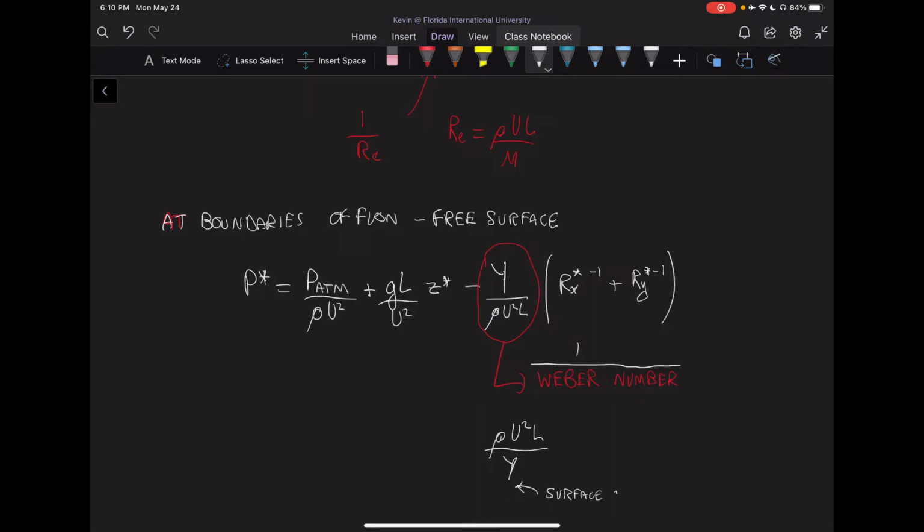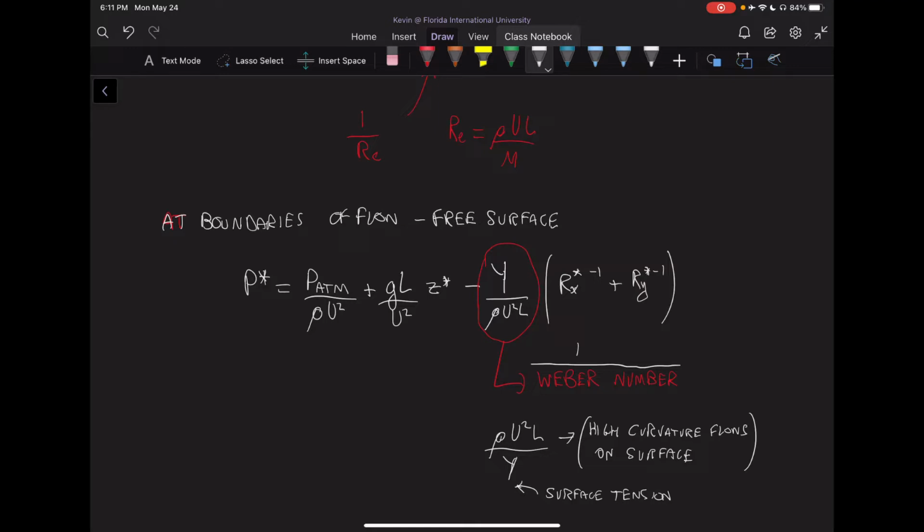This term is used when we are looking at high curvature flows on a surface. So if we're looking for the pressure of high curvature flows on a surface, we can use this Weber number to try and solve our problems in a non-dimensional way when we're doing some experiments.